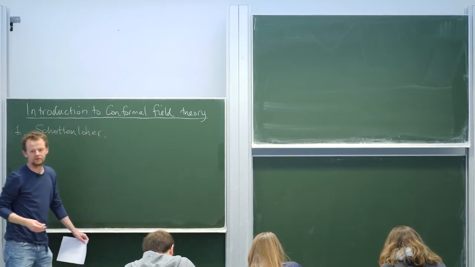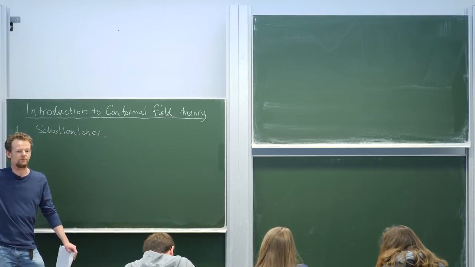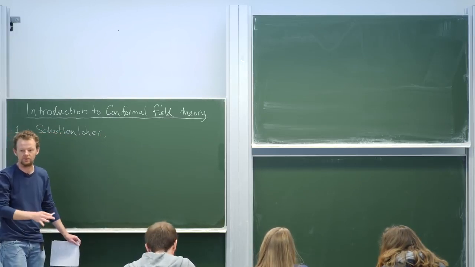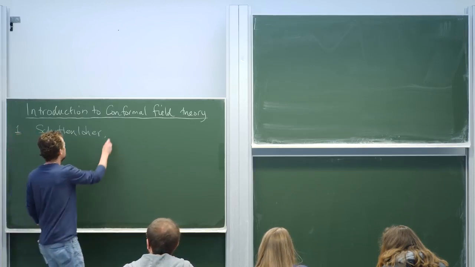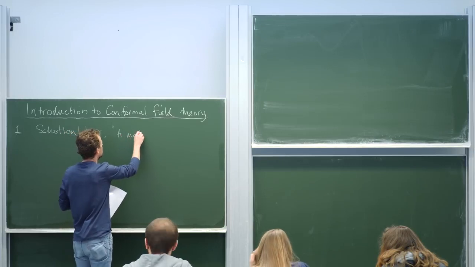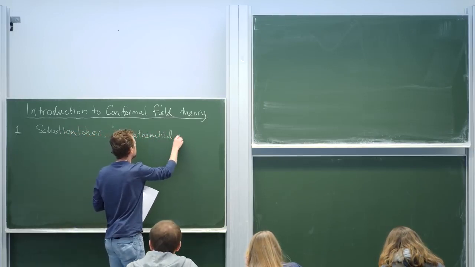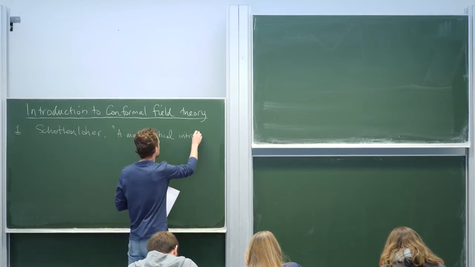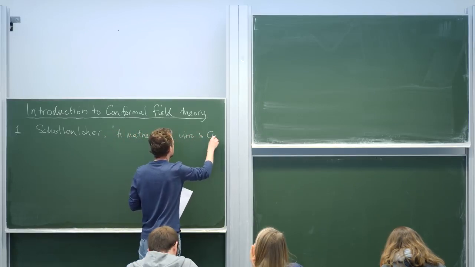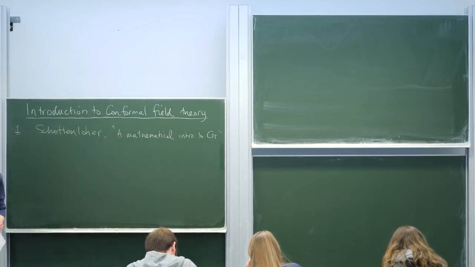There are two sources that I like rather a lot, which span the full spectrum from the completely mathematically rigorous discussion through to the completely physically motivated discussion. The first one is a book by Schottenloher, called A Mathematical Introduction to Conformal Field Theory.